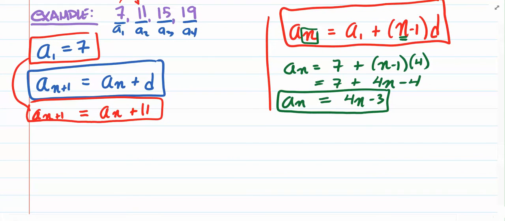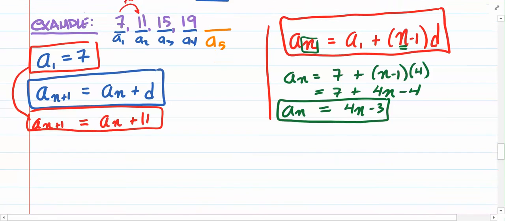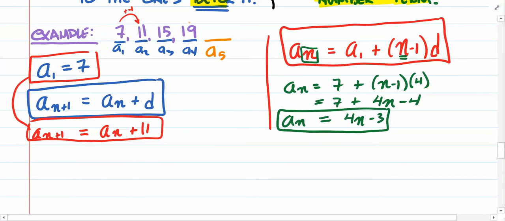So let me talk a little bit more about the explicit formula, okay? Here's what this says. We know, like for example, the fifth term in the sequence, the next term in the sequence would have to be 19 plus 4. That's what the recursive formula tells me. So 19 plus 4 is a value of 23. So now I know that the fifth term is a value of 23.